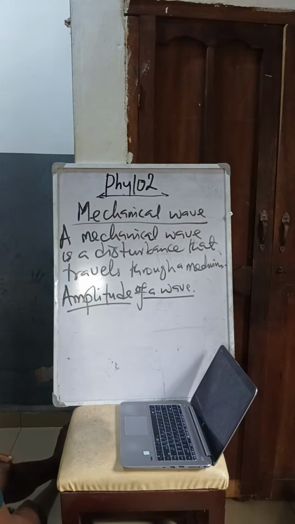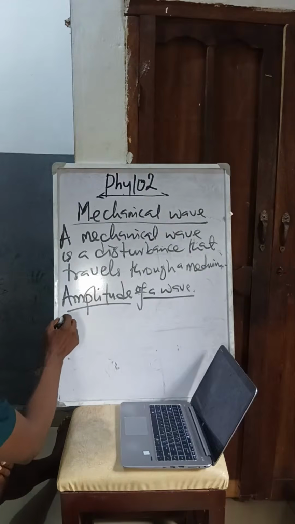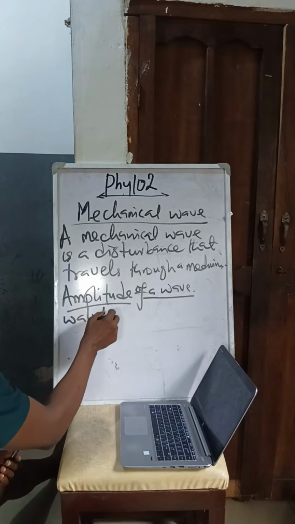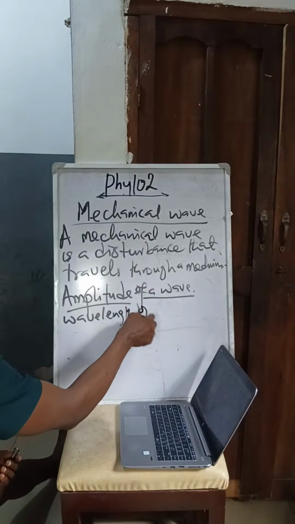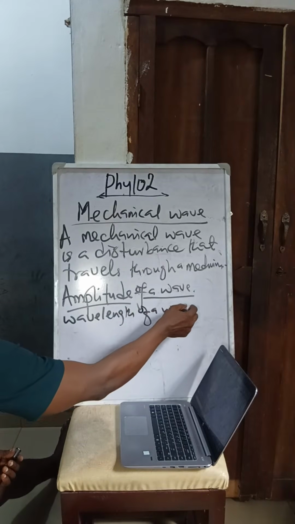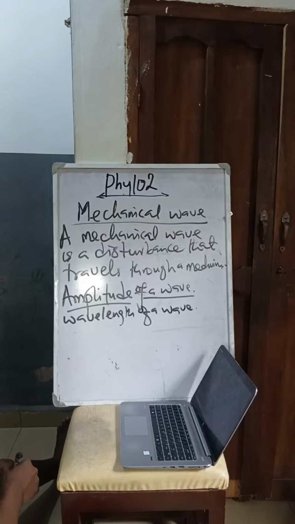What is the wavelength of a wave? This is the distance between two consecutive points in the same phase.